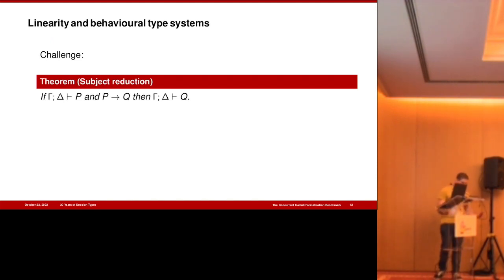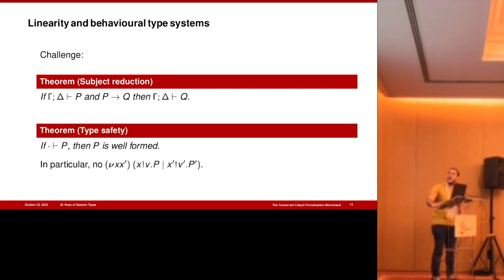So we ask the mechanizers to display their techniques and their proof assistants when proving subject reduction. You should be familiar with this. Typing is preserved by reduction. The second part of the challenge, well, you can also prove type safety.